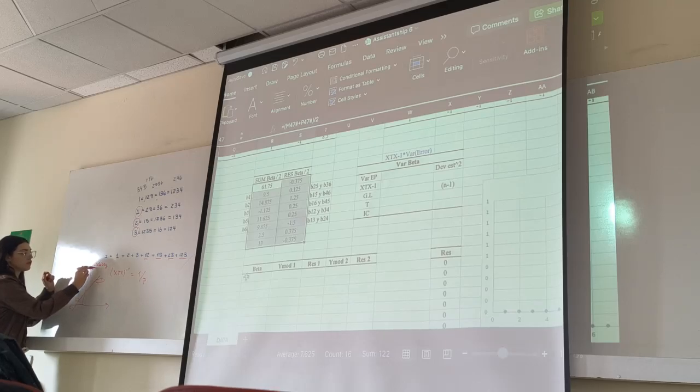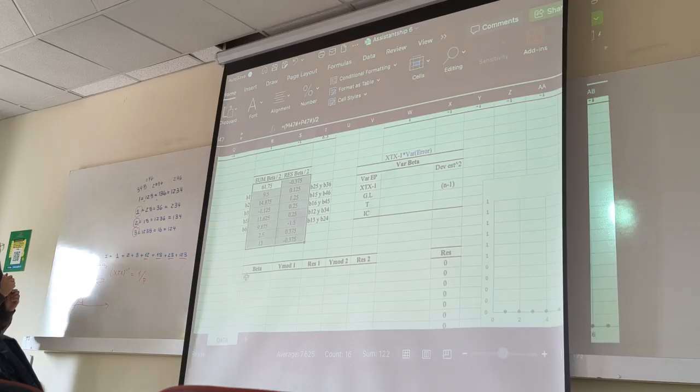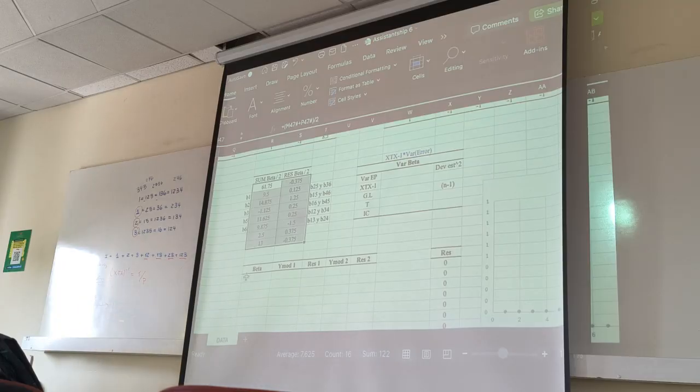This is the norm plot. Okay? And with these values, you must get the pure error, in the case of this assignment. But in this case, we have the pure error, so we can get just the confidence interval.